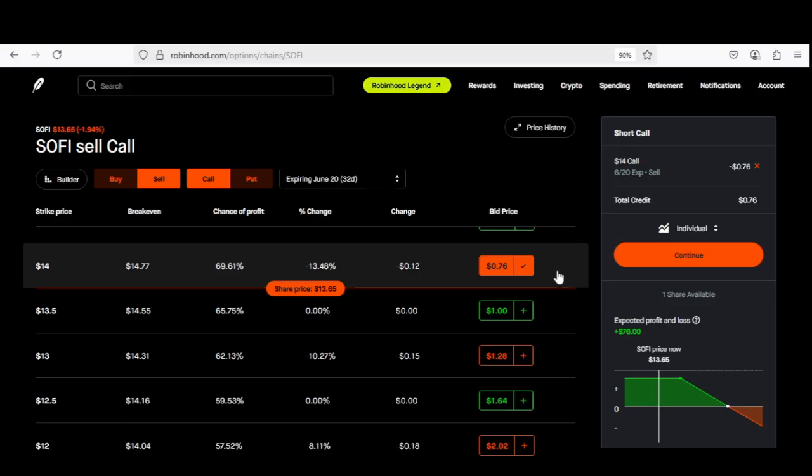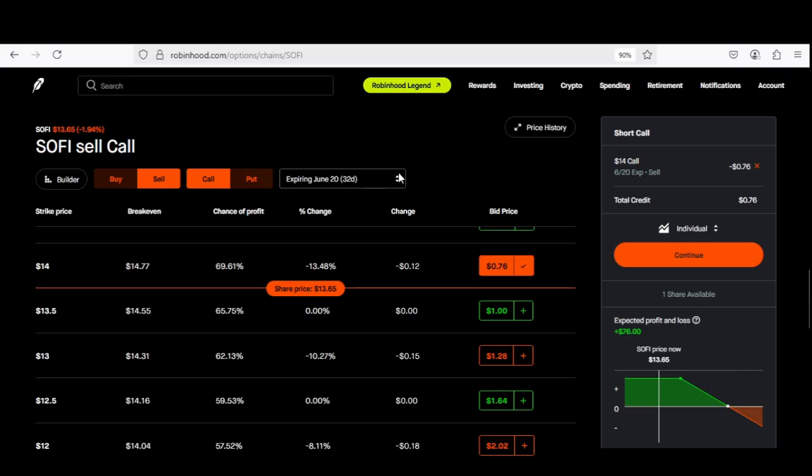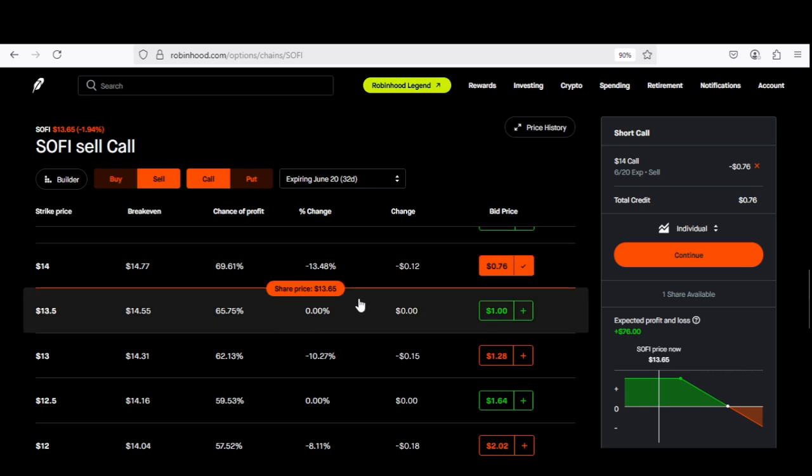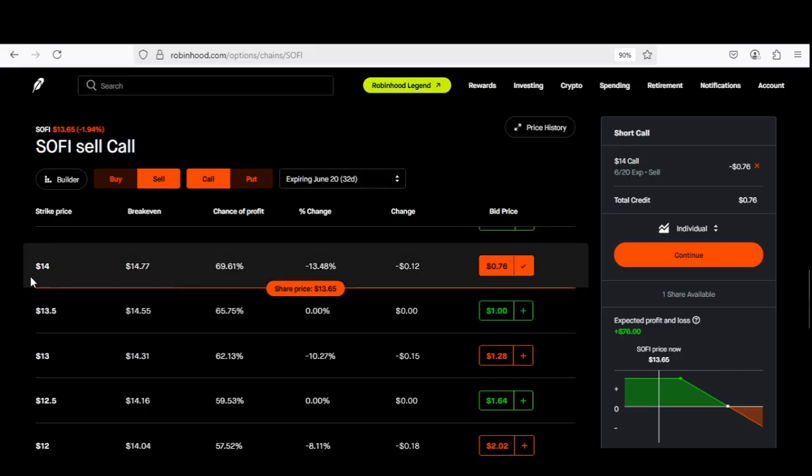Now, there's two ways this trade could go. Come expiration date of June 20th, if our $12 share price, because we got assigned at $12, our average cost is going to be $12. If SoFi is trading at any price below the $14 right here, then we're going to keep this initial money.